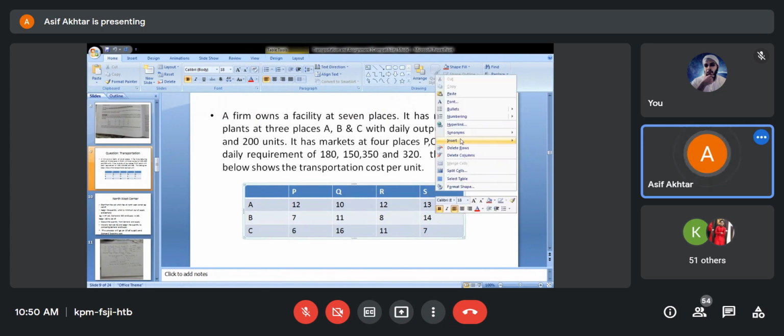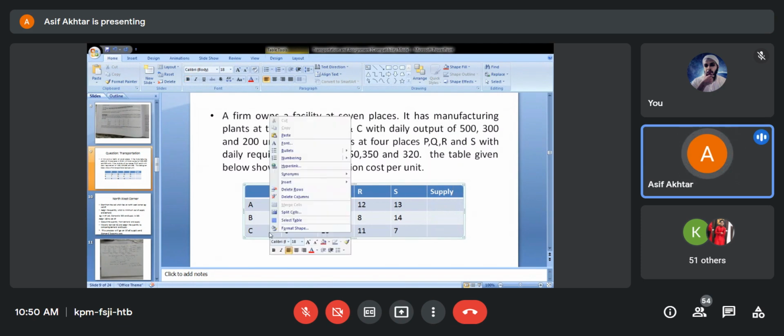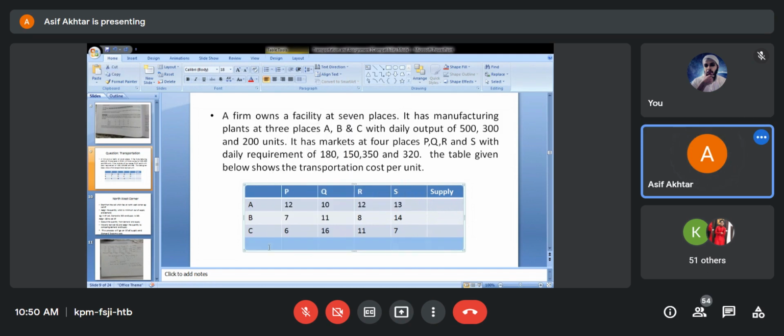So what I will do, I will insert one column to the right यहाँ पे, and I will write it down supply. And here I will insert one row element. And what do we call it? Demand. अब आप बताइए, what shall I write here?